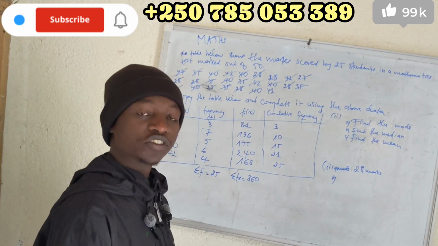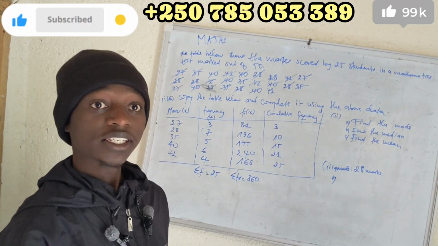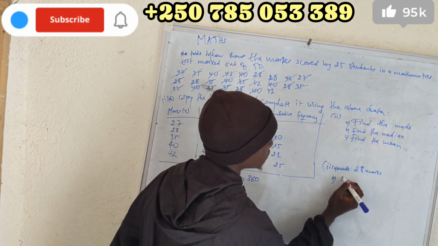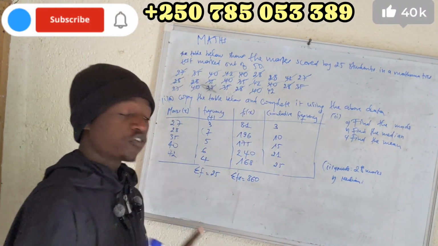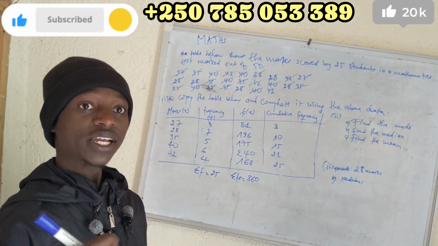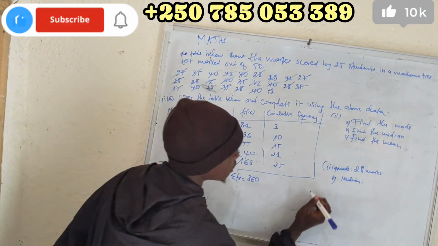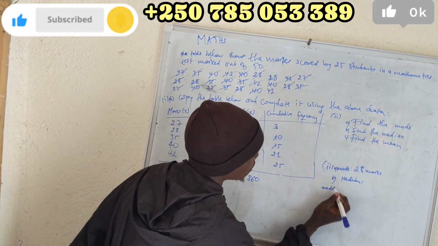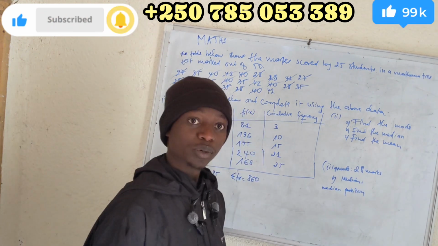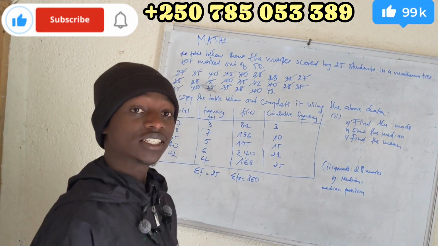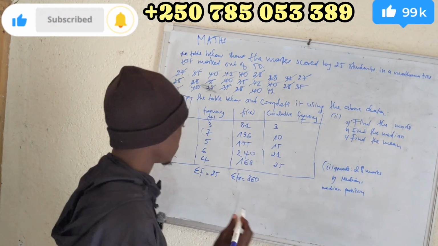How are we going to find or determine the median? First of all, we are going to find the median position. The median position, we are going to get it in this simple way.